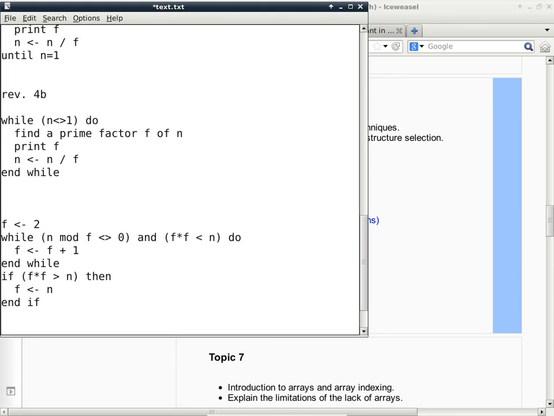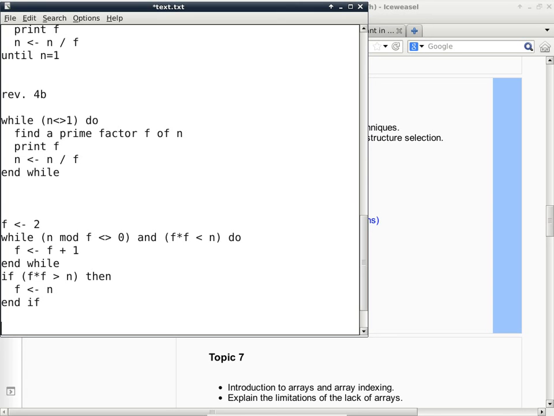It will exit right away, because f is 2 to begin with, since that's how it's initialized. 2 times 2 is 4, and 4 is less than 1 is false. This is a conjunction, so I get kicked out of the loop without going through it even once. The conditional statement says 2 times 2 is greater than 1, so the condition is true, and f will end up with a value of 1. But that will still be incorrect, because 1 is really not a prime factor of 1.